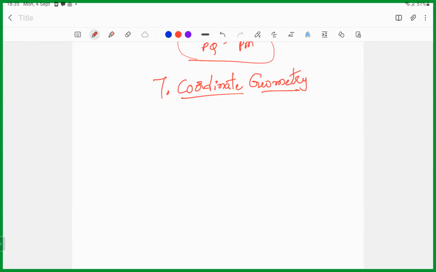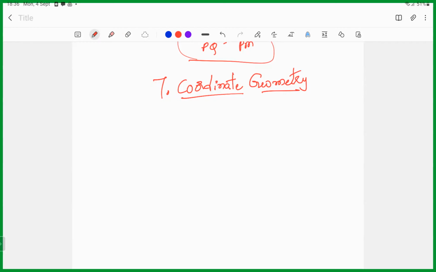So what do you know about coordinate geometry? Can you say something, Kaushik? So plotting the graphs, different coordinates. Sir, we have 4 quadrants in a graph.